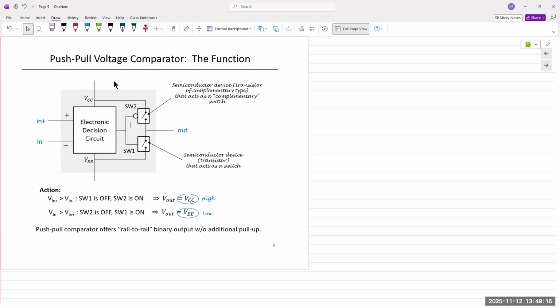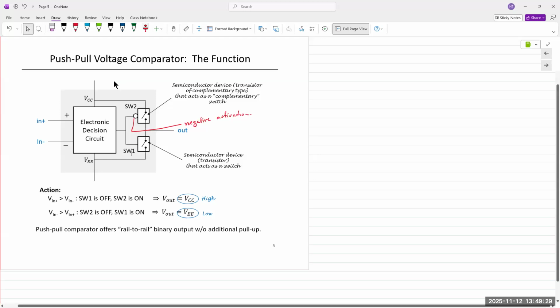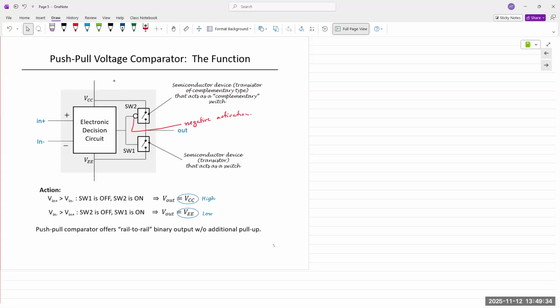So a bubble on the input like this means negative activation, which is opposite of this one. This is positive. So switch SW1 is positive activation, SW2 is negative activation. So they both are never on at the same time. It's impossible. If one is active, then two is off. If two is on, then one is off.